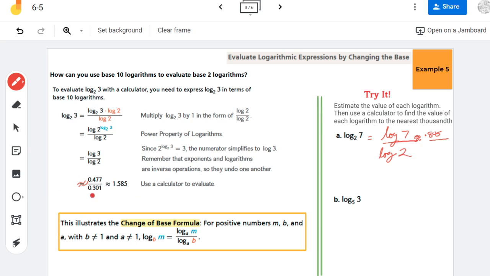Because it's an approximation, we're rounding these. Now the log of 2 is 0.301. And so if I actually do 0.845 divided by 0.301, I get about 2.807.